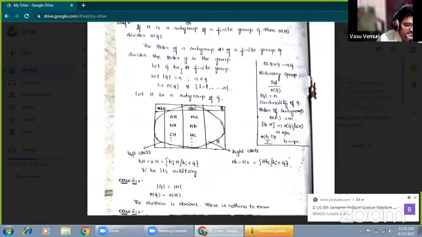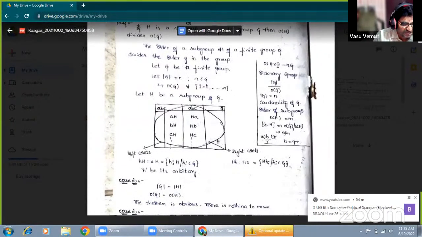So first of all, let G under multiplication be a finite group. Now this is the rough concept.